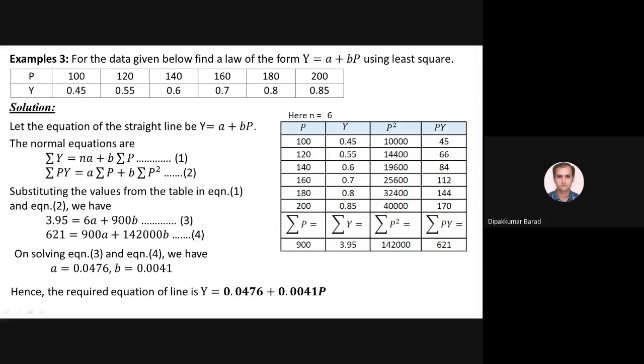So just try yourself later on and find out this a and b. So you get a as 0.0476 and b as 0.0041. These are your equations.